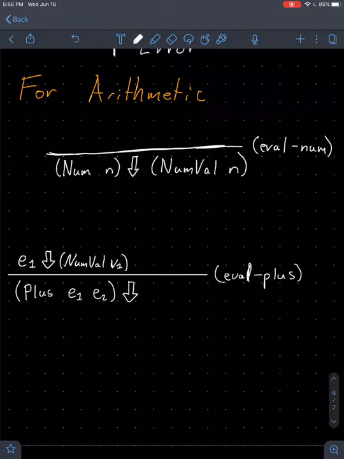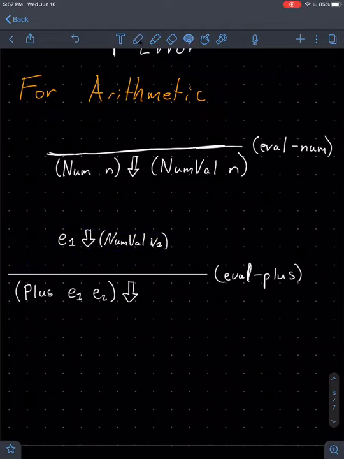Okay, so we read that as a premise for this rule. We know that the expression E1 evaluates to, is computed to, this number value V1, as a premise to the rule. We'll often stack our premises, just as a syntactic note, on top.